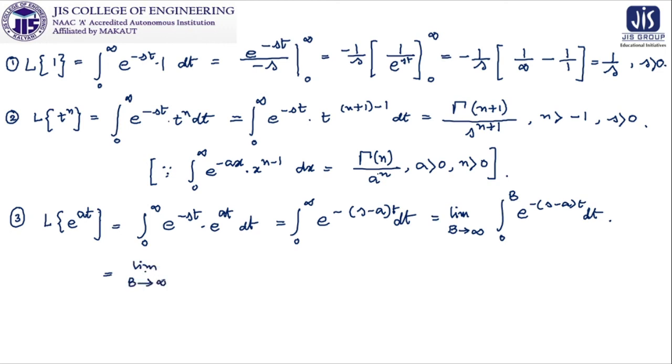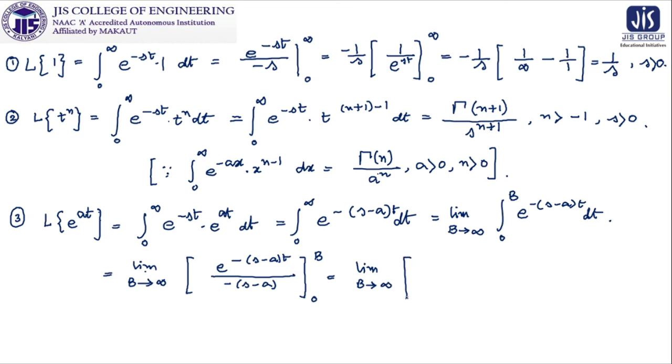b tends to infinity, e to the power minus (s minus a) t divided by minus (s minus a), from 0 to b. So in the next line we can write it as limit b tends to infinity.